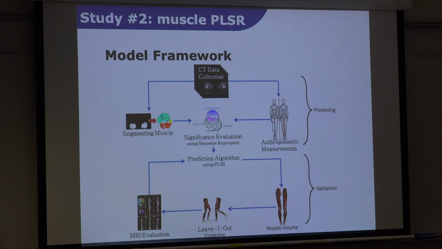We put it all into a stepwise regression model, which evaluates the significance of each anthropometric measurement to the muscle volume, so how important one is relative to another. We used a partial least squares regression to predict the muscle volume, with leave one out analysis, and then we validated the whole model on an external MRI dataset.